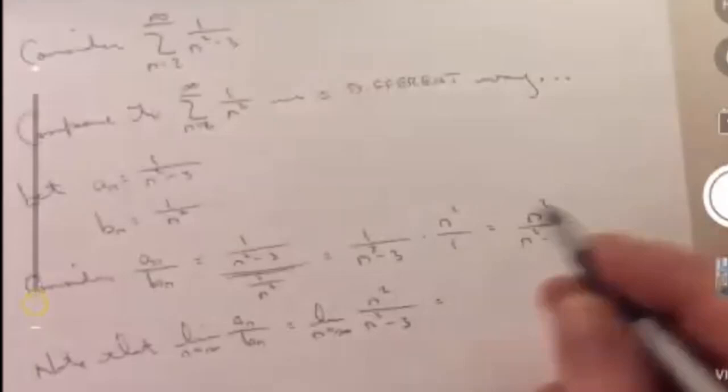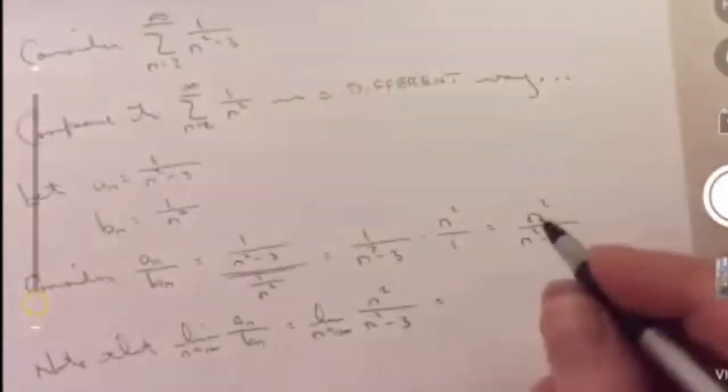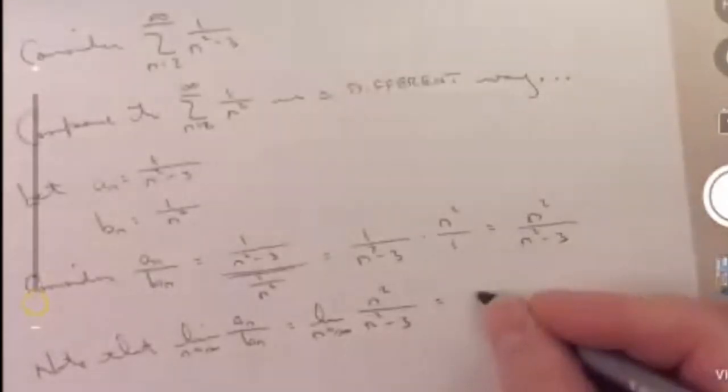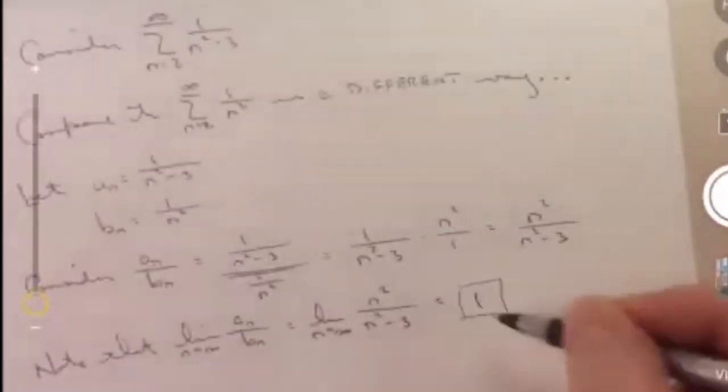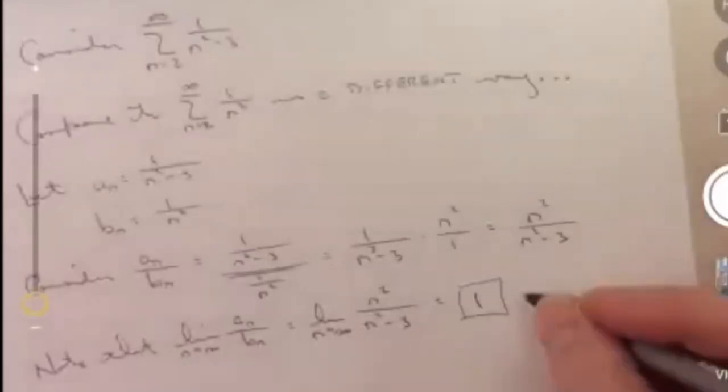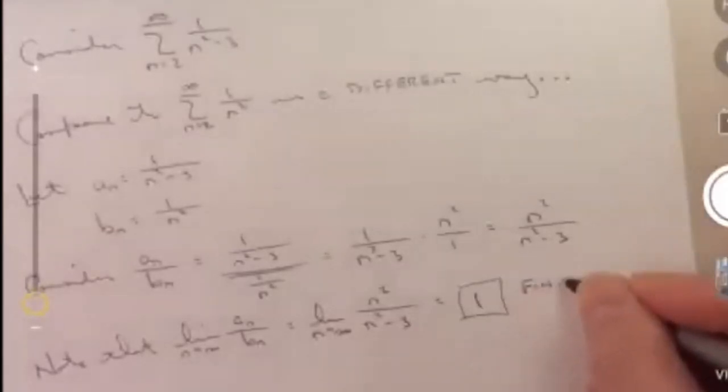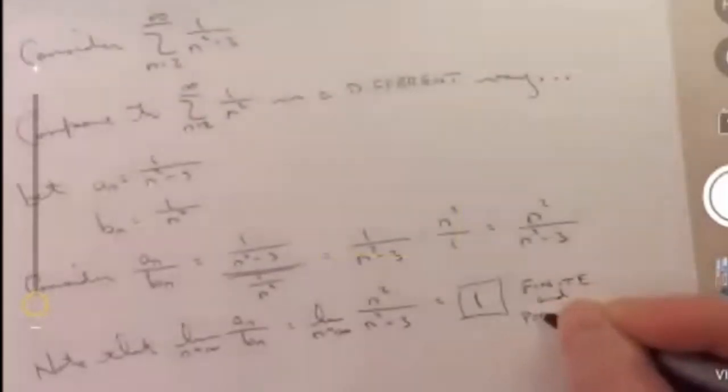Could use a little algebra here. We could use Bernoulli's rule. Either way, we can see in a couple of steps that this limit's going to be 1. And what's important about 1 for the purpose of this test is that it's both finite, right? It's not infinite, and it's positive.